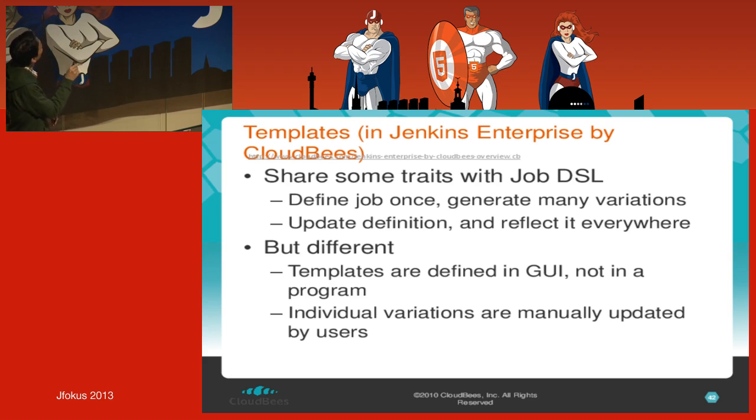So if you repeat this, if you do a for loop on this, then you can easily create a script that updates this Git URL for all the jobs that you have. So this is often the kind of easy thing you can do that's really convenient. And for example, one of the other things we do at CloudBees is we provide a templates plugin.